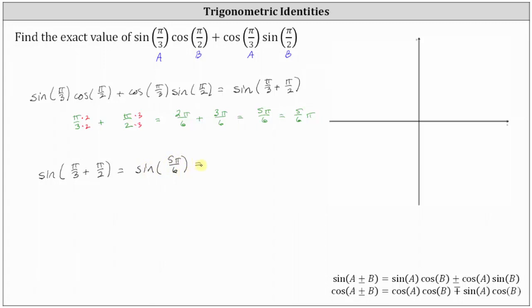And now we need to find the sine function value, which we can do using a reference triangle or the unit circle. We will go ahead and show both. To use a reference triangle, we first sketch 5/6 pi radians in standard position, where the initial side is along the positive x-axis.